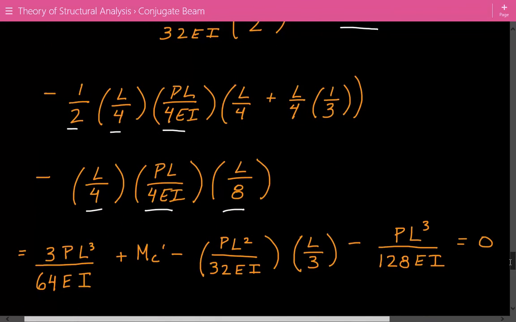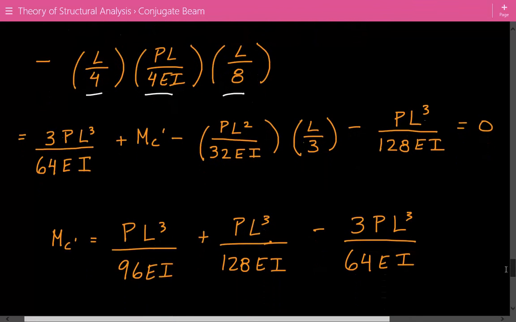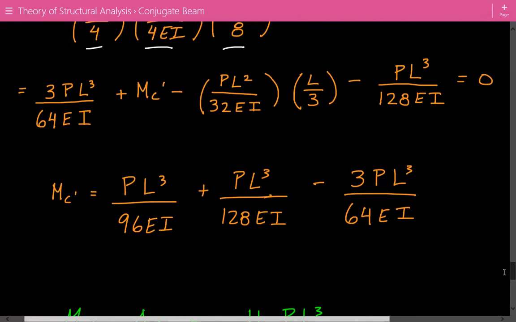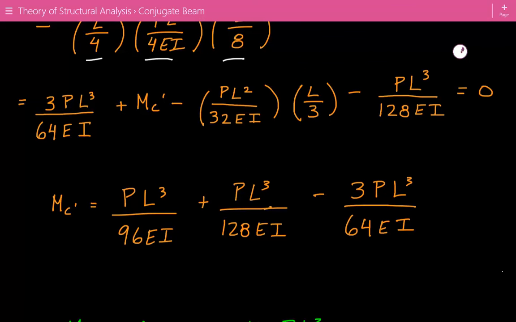So now we just simplify this equation. So this is MC prime equals PL cubed over 96 EI plus PL cubed over 128 EI minus 3 times PL cubed over 64 EI.